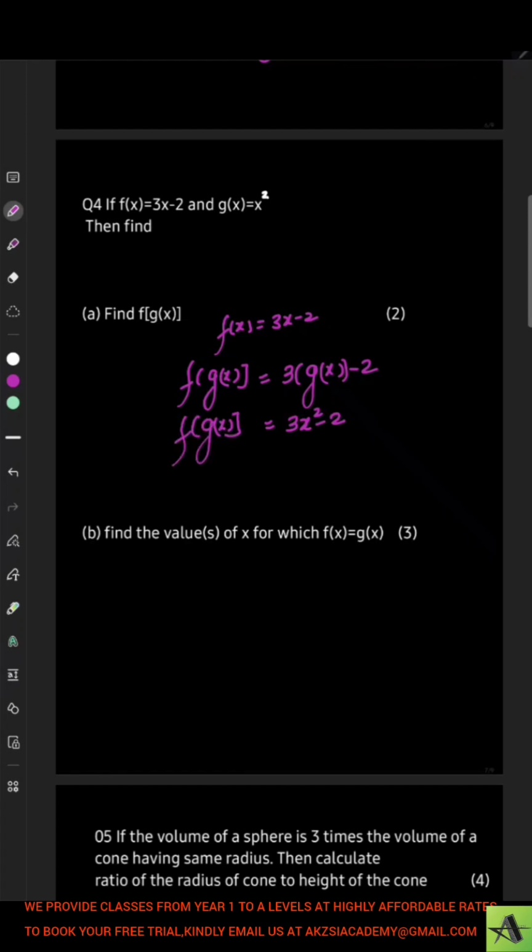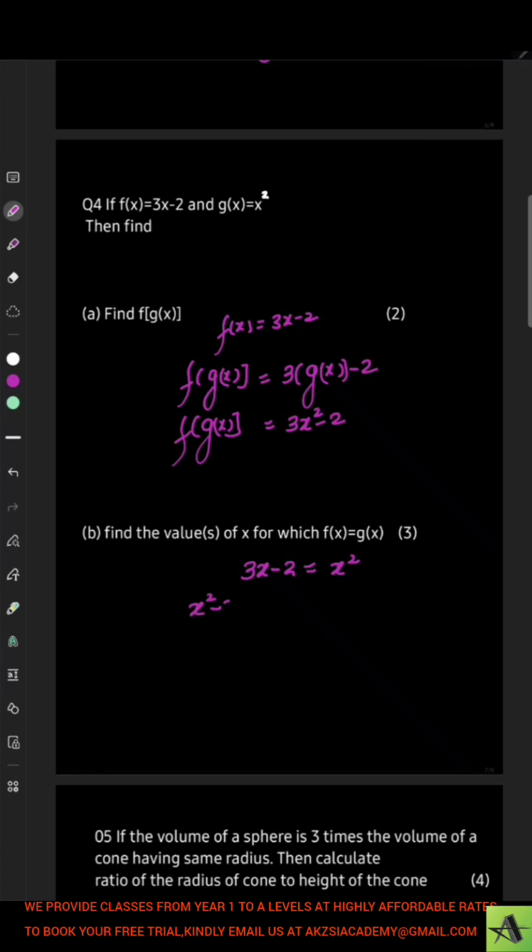For part B, it says find the value or values of x for which f of x equals g of x. I just need to equate them. So in place of f of x, I'll be writing 3x minus 2, and in place of g of x, I'll be writing x squared. Bring all the terms to one side because it's a quadratic.